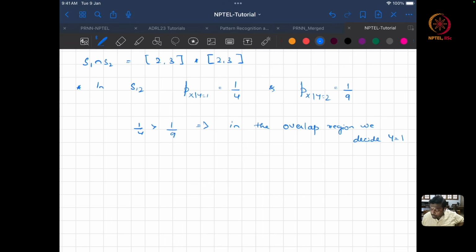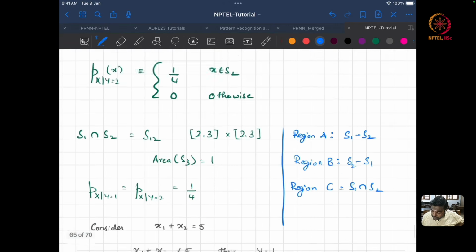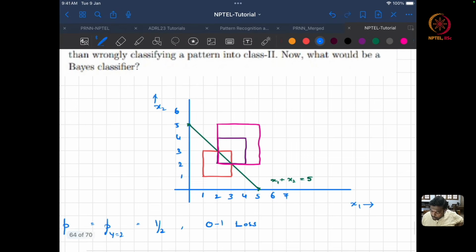Is it Bayes? No. We just saw that the optimal Bayes classifier in this overlap region has to consider all of this as one class and this as another class. I repeat, since in the overlap the class conditional of class 1 is more, the overlap region should be classified as class 1.